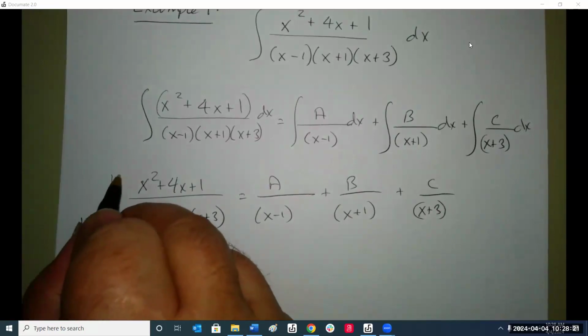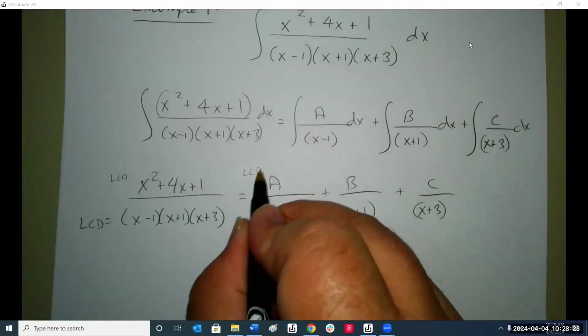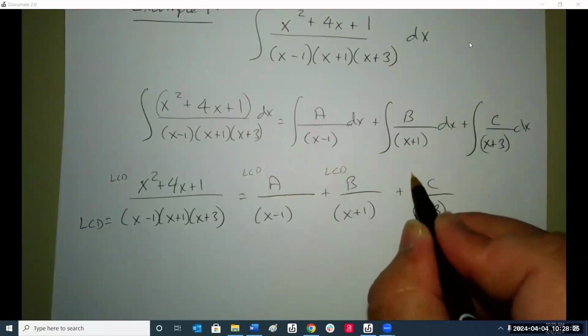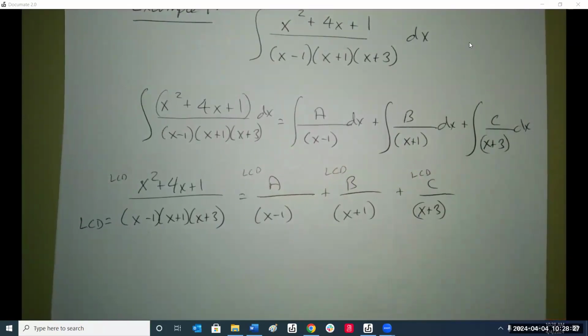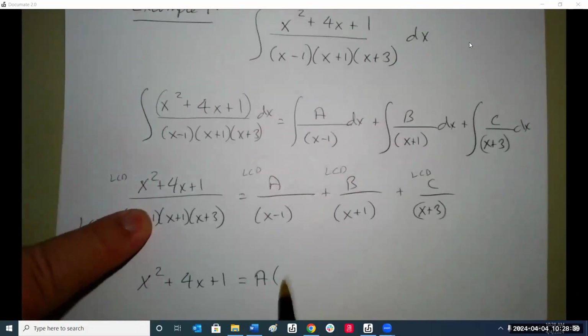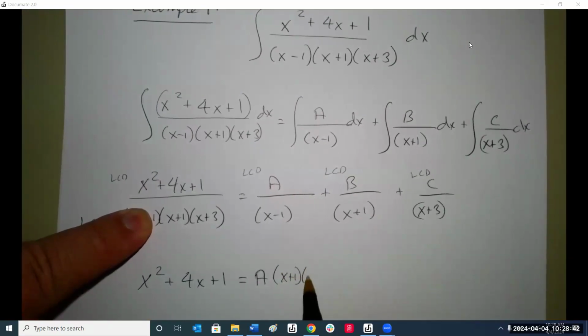And if we multiply the LCD to everybody, all of these cancel. So we have x squared plus 4x plus 1. In the first one, x minus 1 cancels. So we have x plus 1, x plus 3.